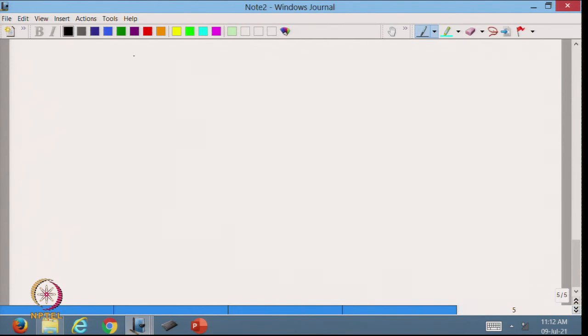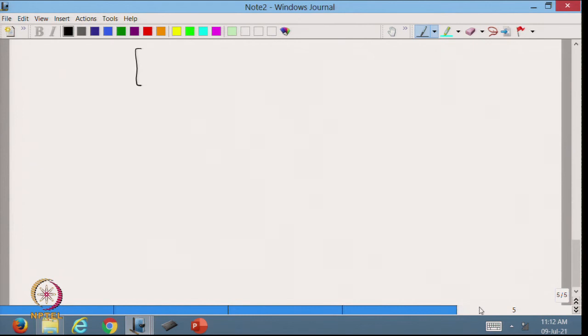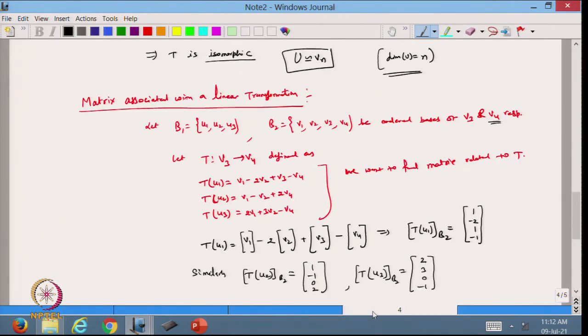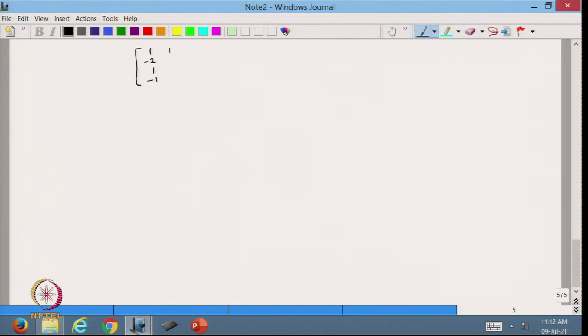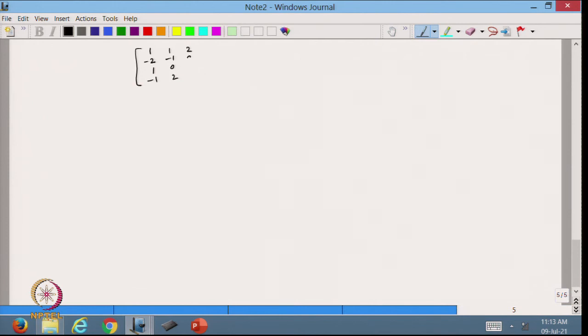Now, I write a matrix with these coordinates, taking the first coordinate vector as the first column: (1, -2, 1, -1). The second column is (1, -1, 0, 2) and the third is (2, 3, 0, -1).